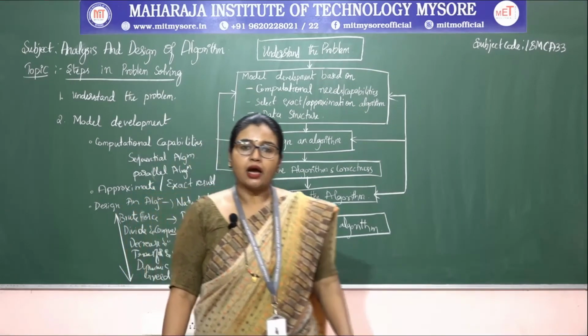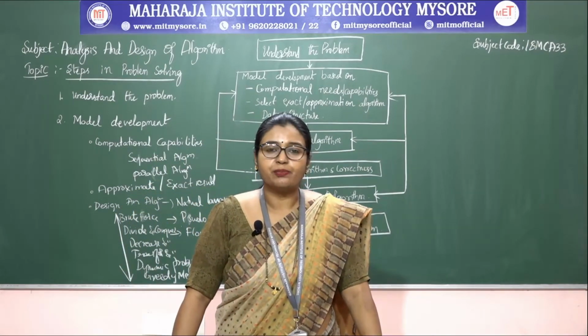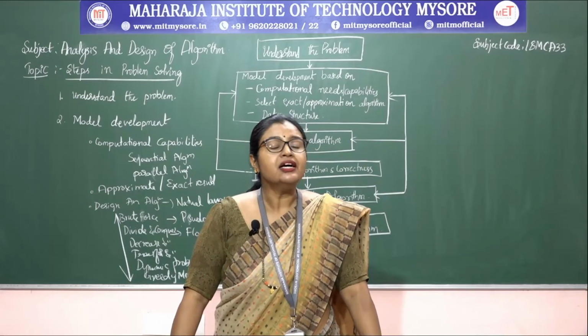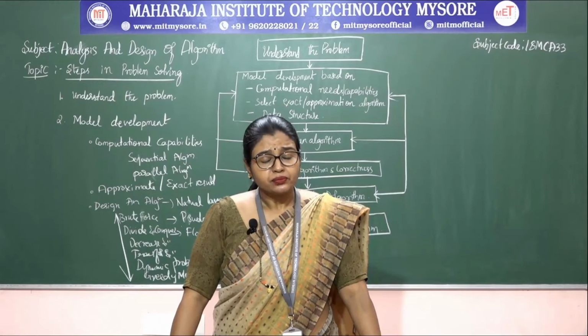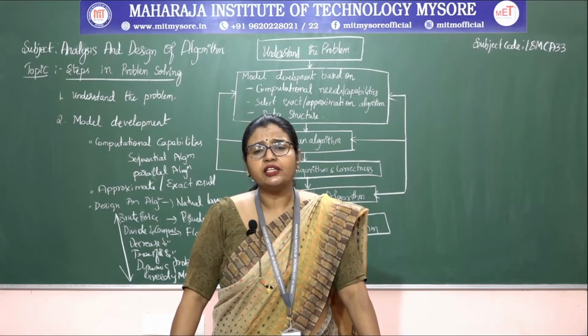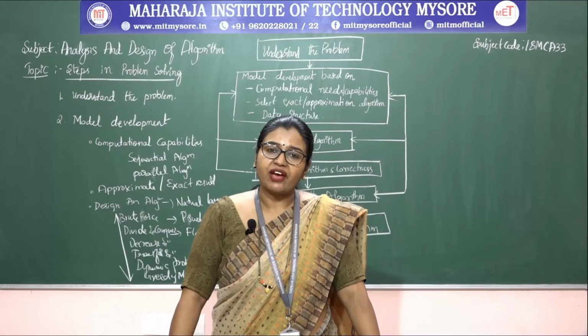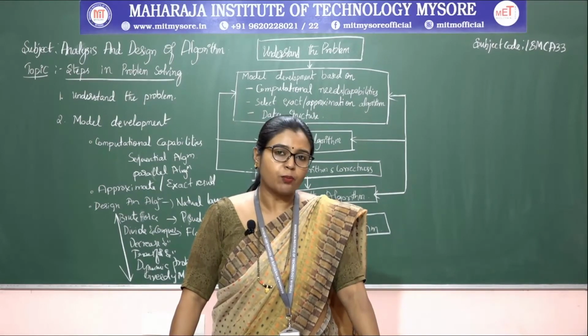Here the analysis of the algorithm is based on two factors: one is time and the other is space. If you are calculating the complexity of the algorithm based on the time factor, it is called time complexity.